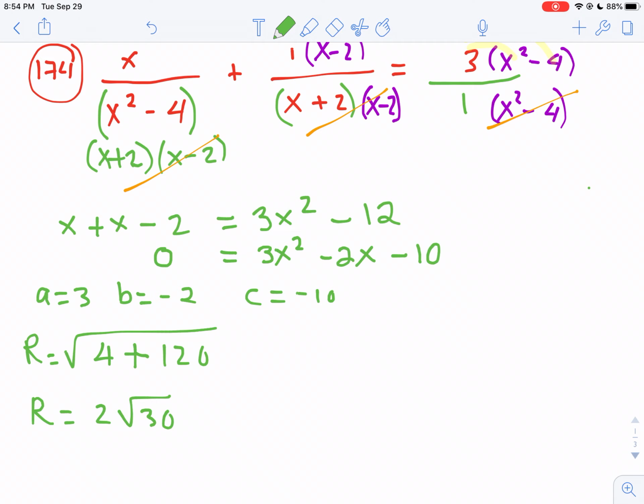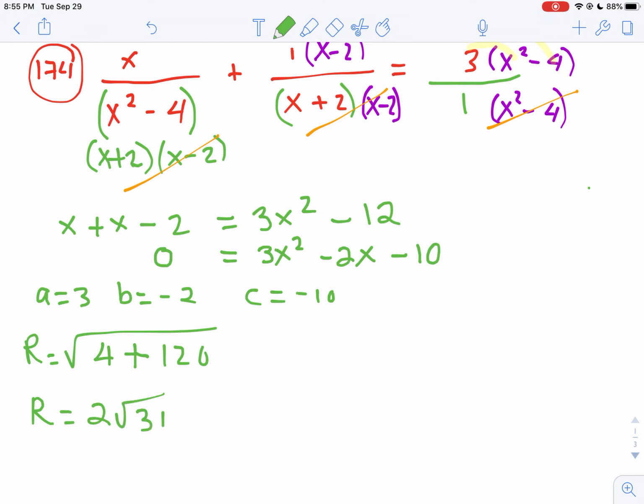Good thing I checked the answer, because this is not what you have here. I punched square root of 120 instead of square root of 124. Let's do that again. 124. Yes, now we have it. So it's 2 radical 31.